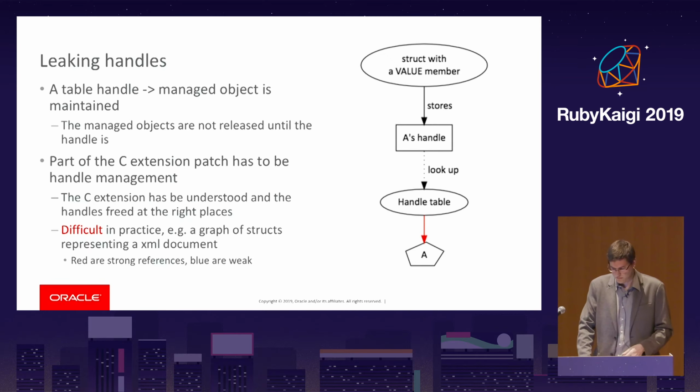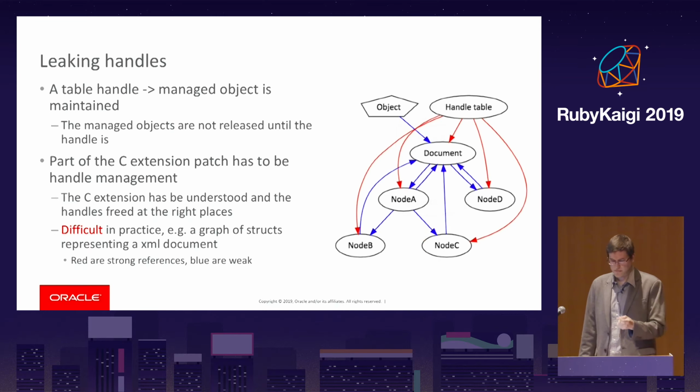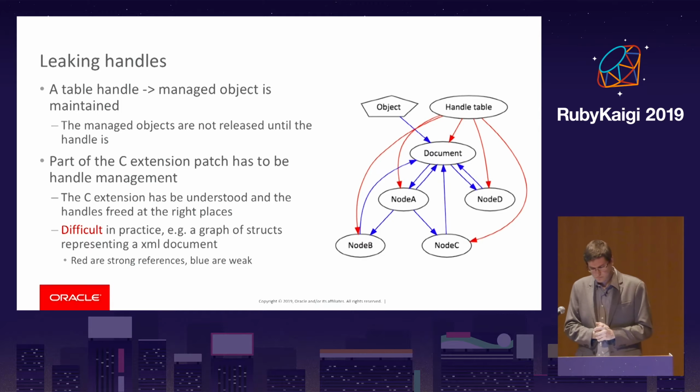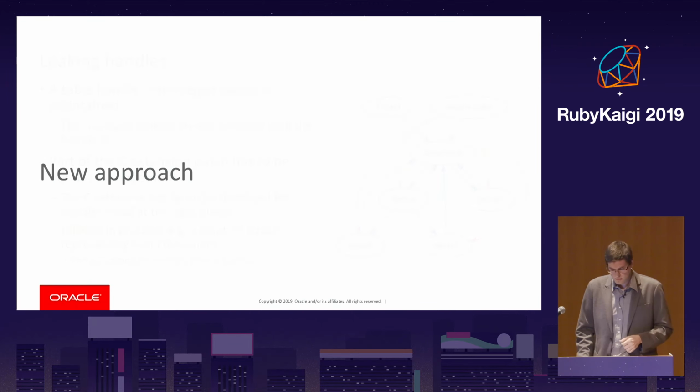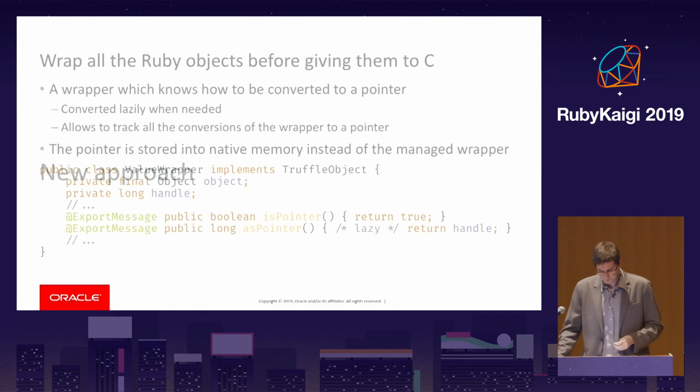That is not really feasible, because if you have something really complicated, like for example some data structure from Nokogiri, there are lots of links between each other. It's not easy to figure out where the right places to release the objects are, so we were leaking handles and therefore the managed objects. So this was another big problem we had. So how did we solve it?